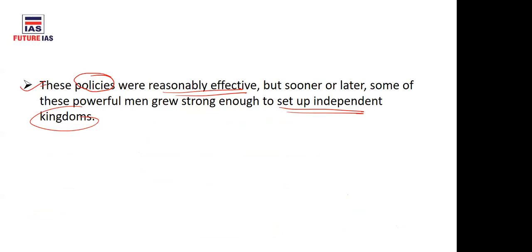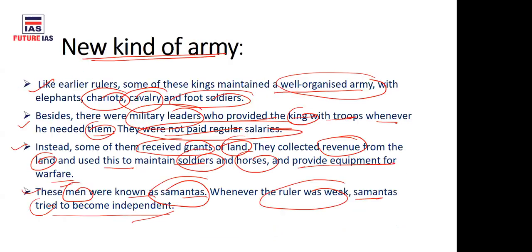And a new kind of army: some kings had a well defined, well organized army. Other kings had the support of military leaders, who gave support to the kings whenever required. These military leaders used to receive grants in the form of land from the king, and they collected the revenue from the land.